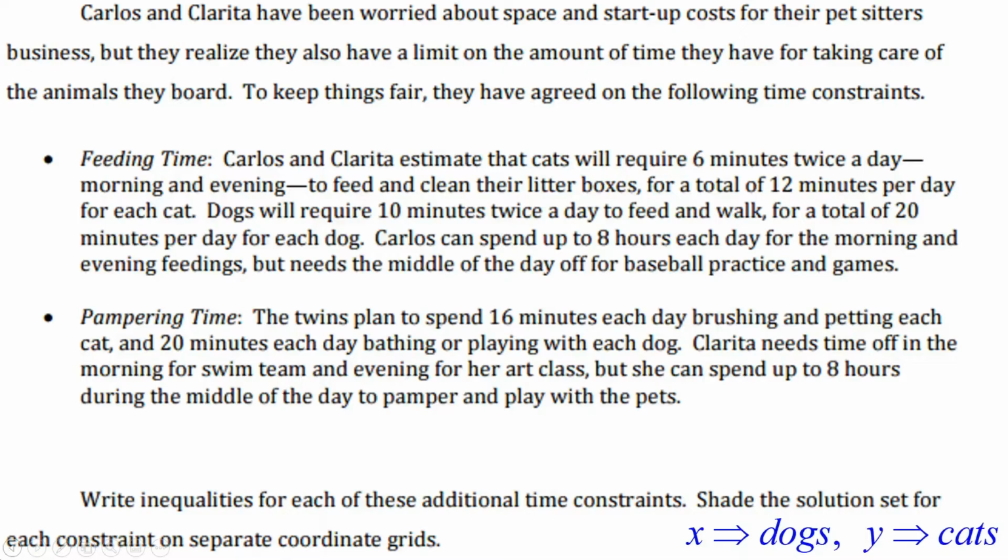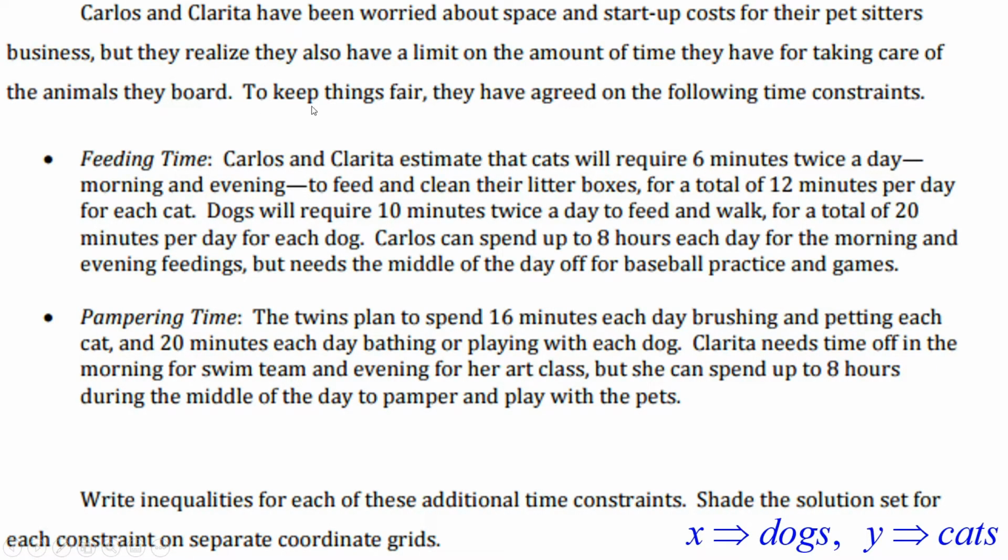Here's some more constraints, feeding time and pampering time. Let's start from the beginning on this slide. Carlos and Clarita have been worried about space and startup costs for their pet sitter's business, but they also have a limit on the amount of time they have for taking care of the animals they board.